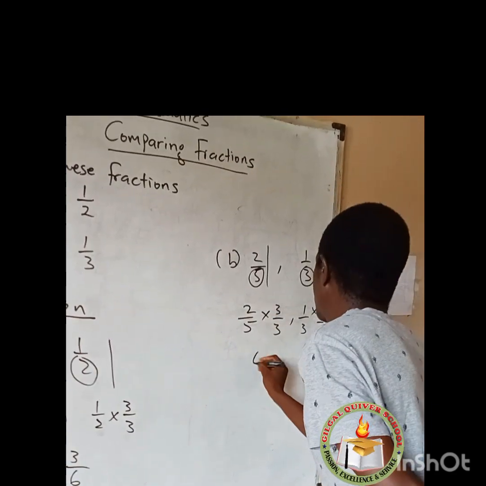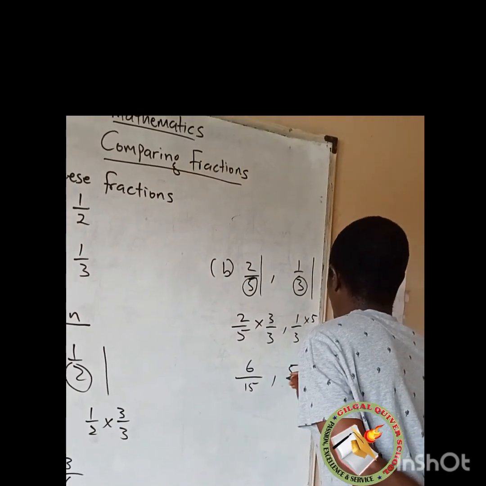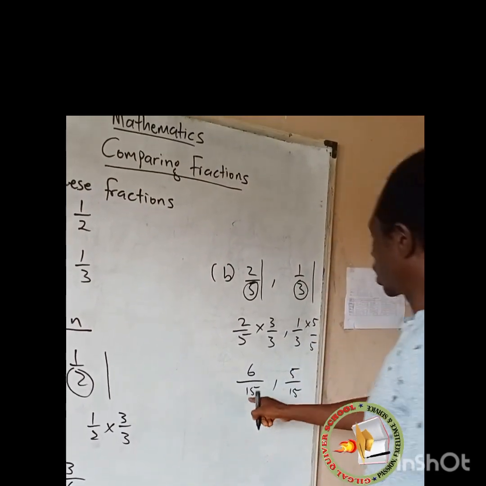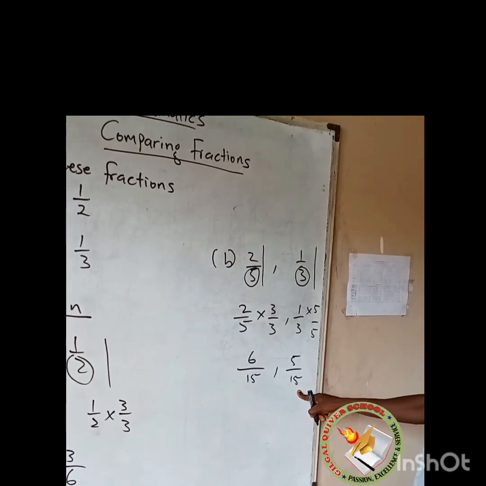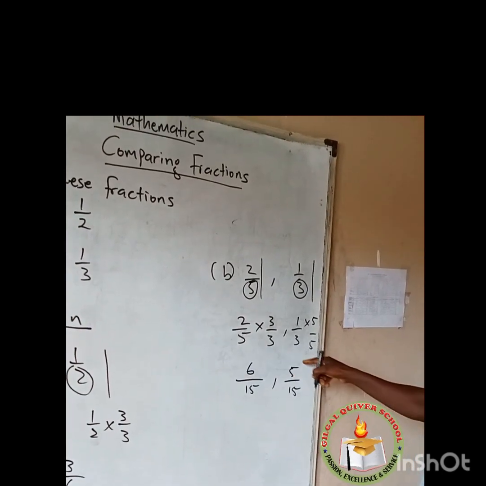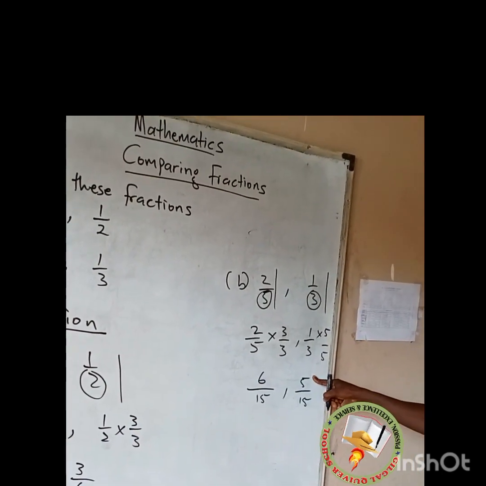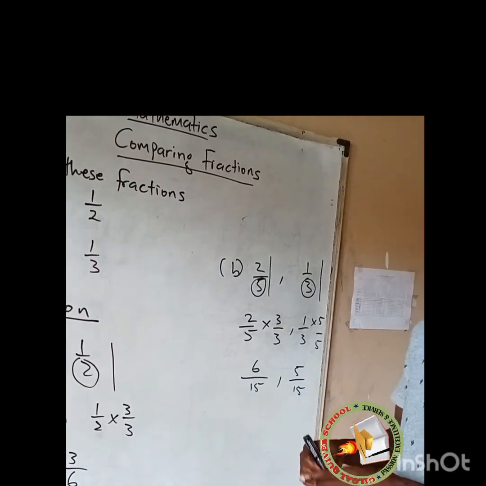Here you're going to have 6 over 15, compared with 5 over 15. So now the two fractions have the same denominator. The one with the bigger numerator is the bigger fraction, and the one with the smaller numerator is the smaller fraction. There is still a shortcut.